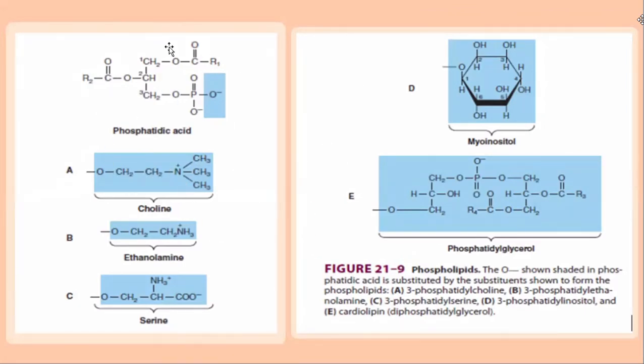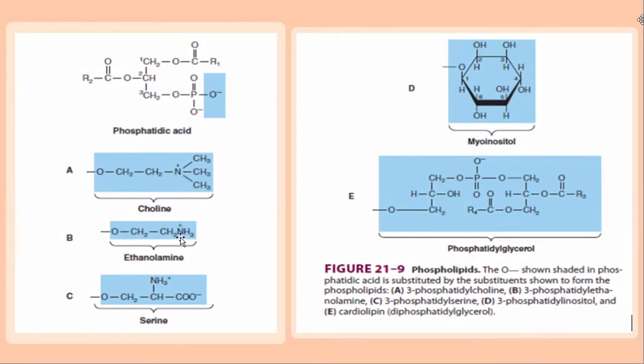Okay, this is the phosphatidic acid. The shaded phosphatidic acid is substituted with the substituents shown to form the phospholipids. So letter A, choline is attached here, so it becomes your 3-phosphatidylcholine.